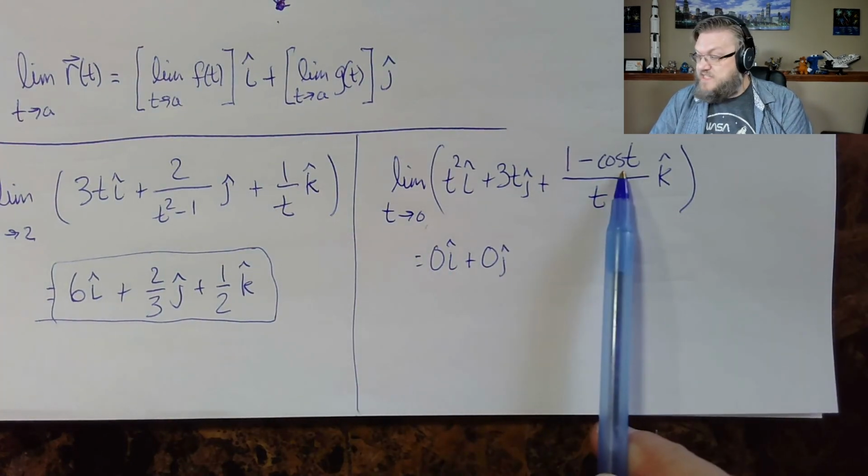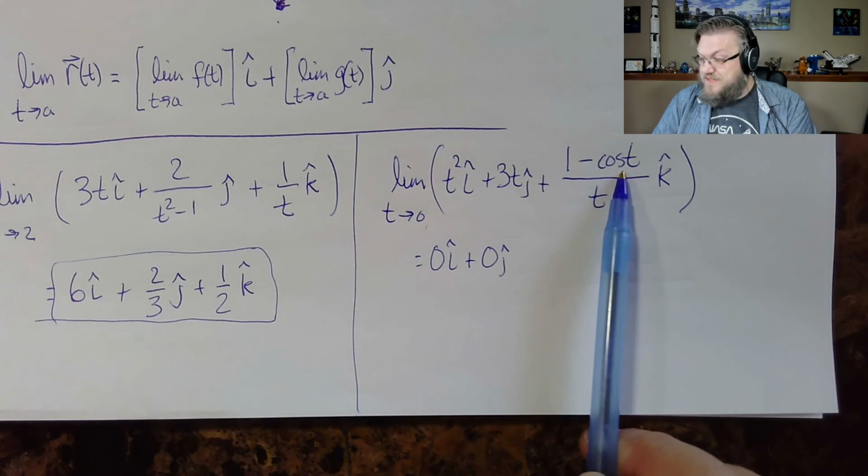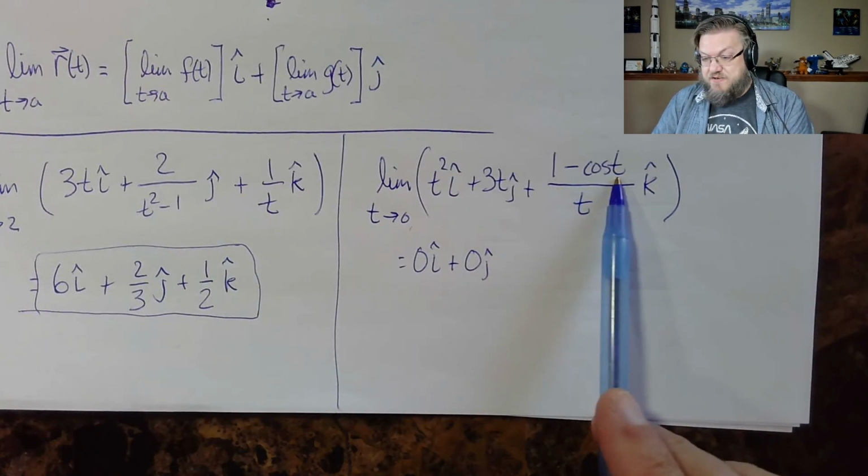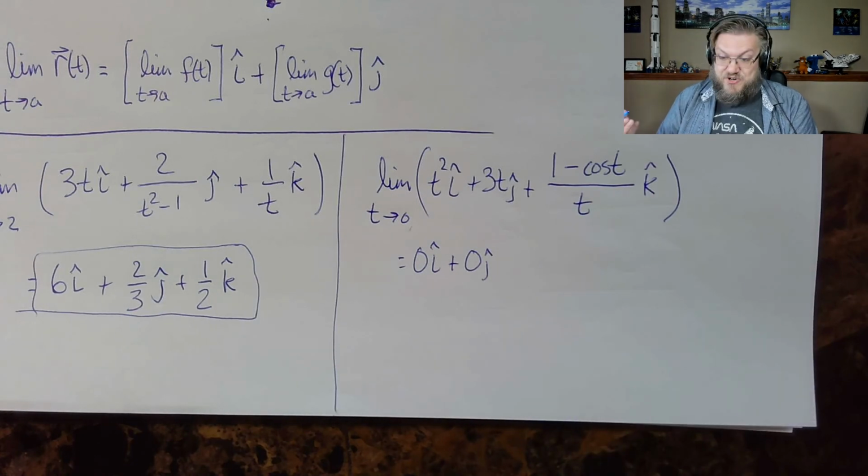Trying to plug in 0 gets me the indeterminate form 0 over 0. Cosine of 0 is 1, so 1 minus 1 is 0. 0 over 0. So I can use L'Hopital's rule. Remember, L'Hopital's rule can be used if you have a 0 over 0 or an infinity over infinity when you plug in.